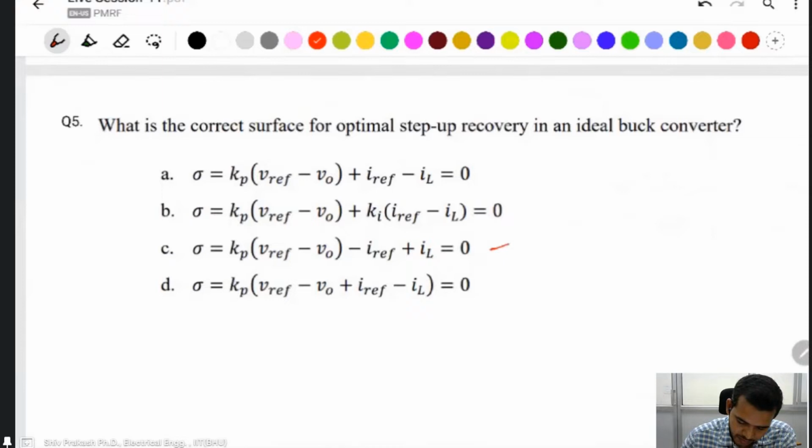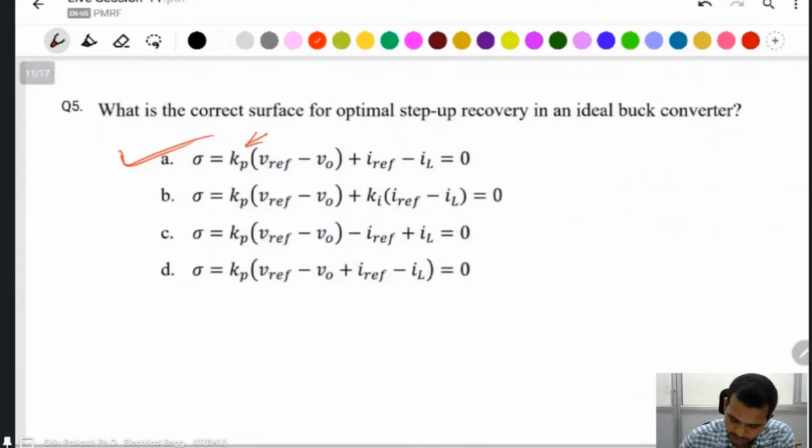I think option C. IL we take common here. This one, option A, is correct: V reference minus V naught, I reference minus I naught. So Kp applies for the output voltage.